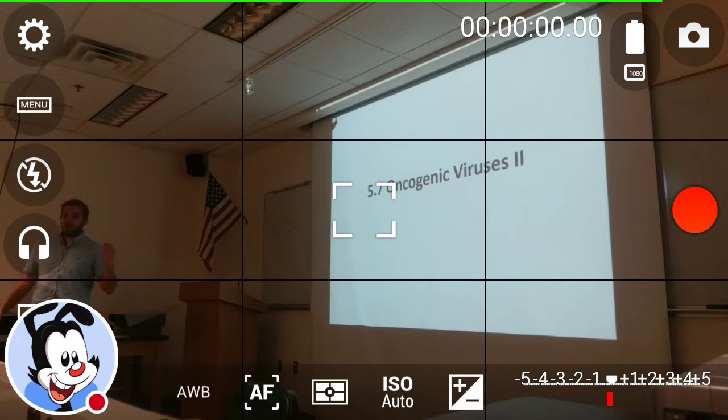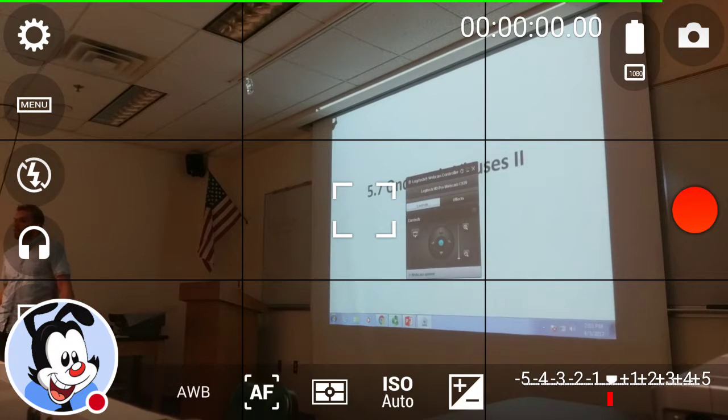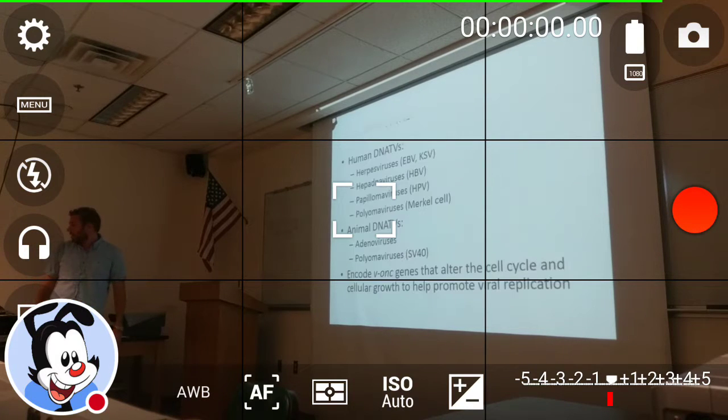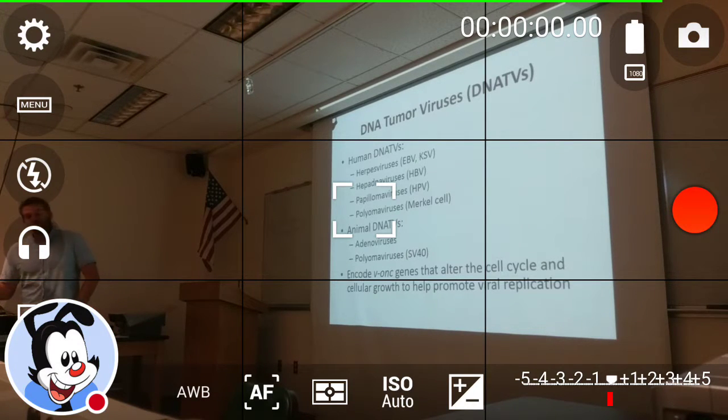Anyway, today we're going to talk about the one thing I actually know something about, oncogenic viruses, and specifically DNA viruses that cause cancer. On Friday we talked about the retroviruses, how they might cause cancer, and a lot of it was through integration, even though some of them did express oncogenes. As a rule, these guys all have oncogenes.